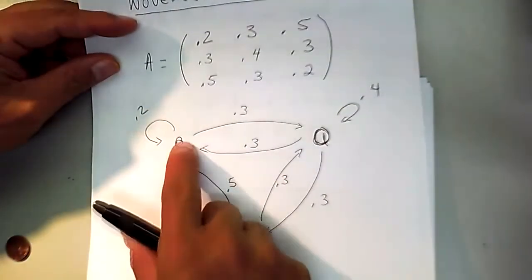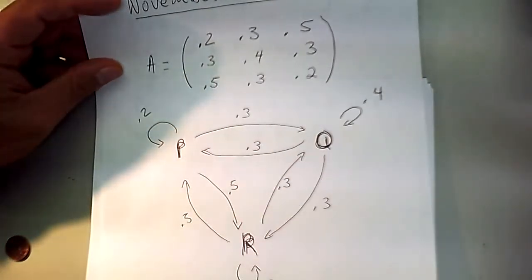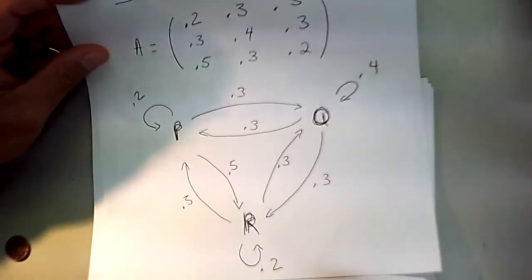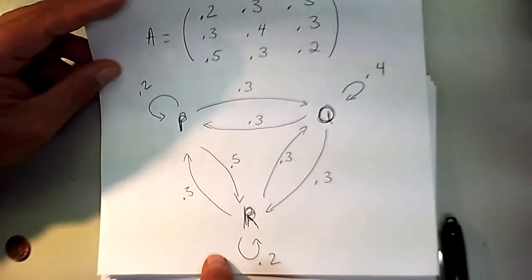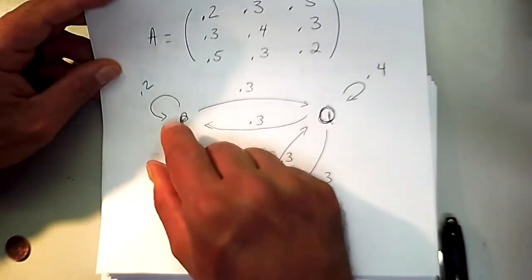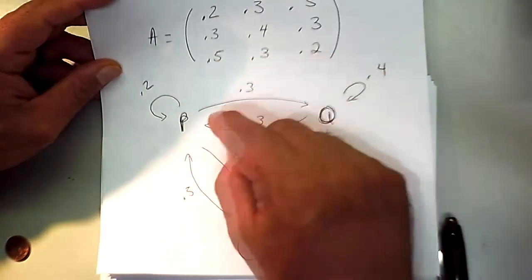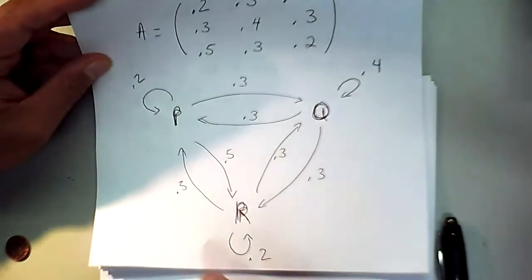And if those are the corresponding probabilities of migration from one population to another population, after cycles, whether they're years or seasons or days, weeks, the question is, what is the probability that if we start with P, we end up in P? Or for that matter, because we're going to end up with a full vector, where you're going to end up after 10 cycles if you start in P.